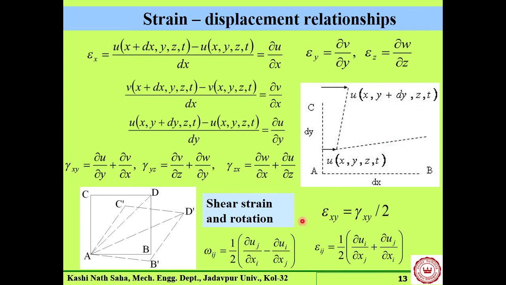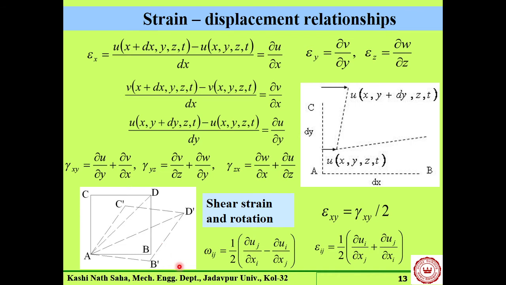So here this is shown for a general deformation. It is not that there is only pure rotation or pure shear, right? Previously we have discussed rigid body translation and normal strain. They can be mixed up.